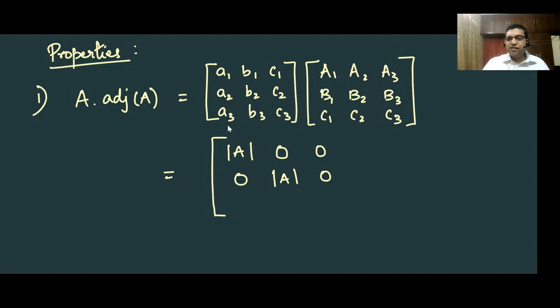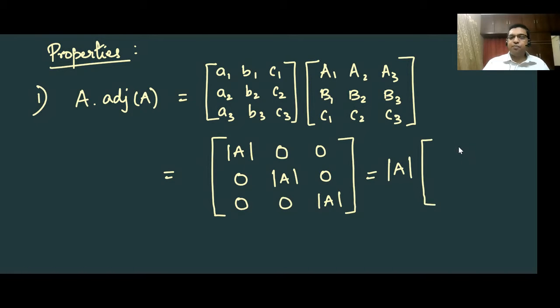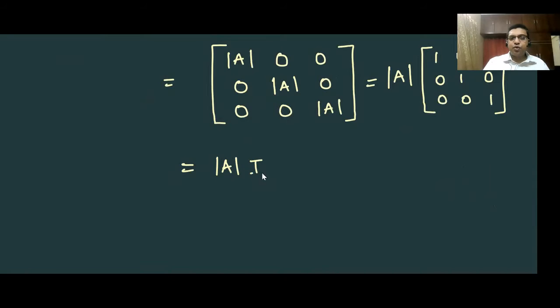Similarly for the last, the third row multiplied by the cofactors of the first row, A1 B1 C1, and when you add, you get 0, 0 and determinant of A. So this becomes determinant A multiplied by 1 0 0, 0 1 0, 0 0 1. Okay, so this becomes determinant of A into I.